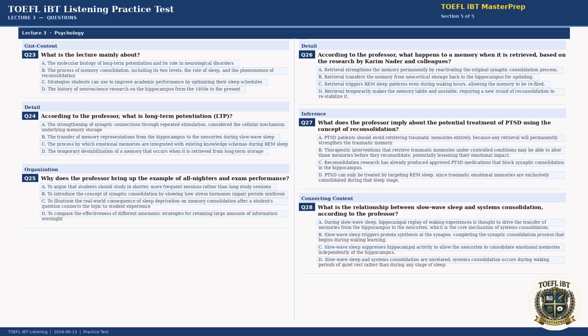Memory consolidation. First, you have some time to look at the 6 questions. Now listen carefully and answer the questions.